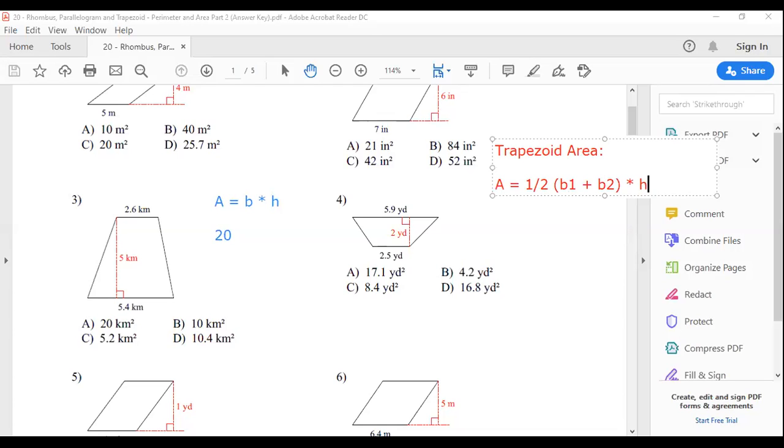So write that formula down for the area of a trapezoid. Little different than a rhombus or a plain old parallelogram. The trapezoid is its own animal.